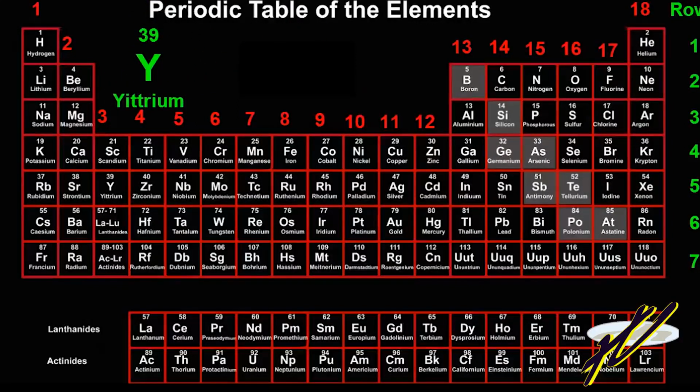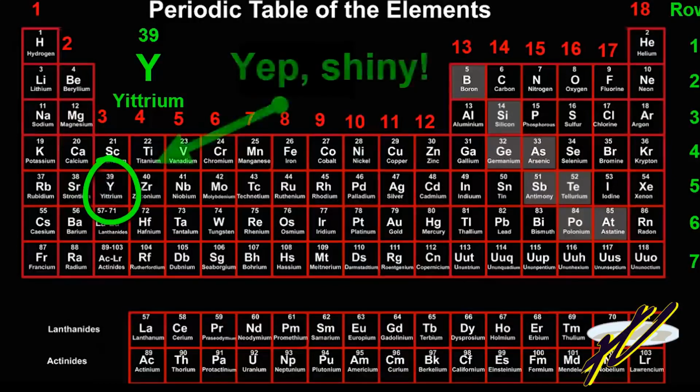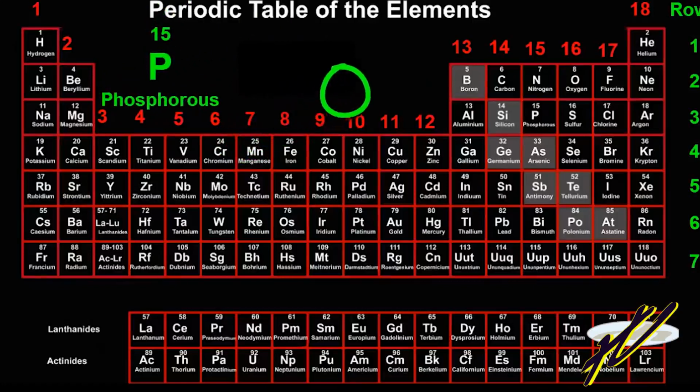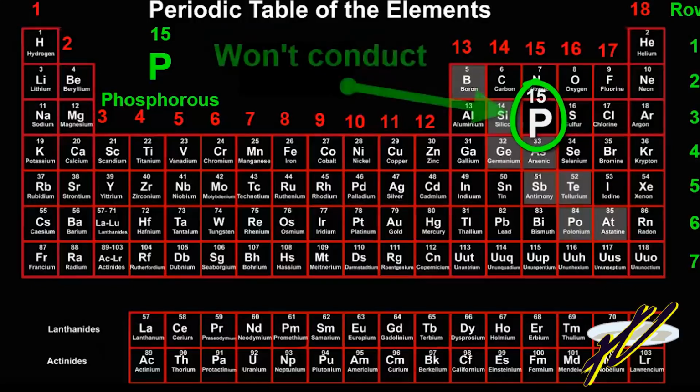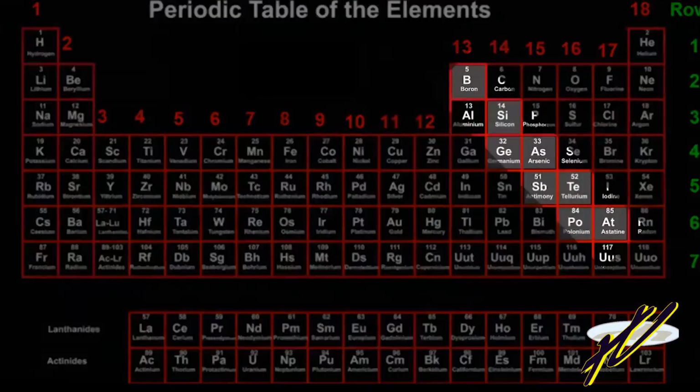Do you reckon yttrium, atomic number 39, would be shiny? It's to the left of the diagonal line, so it's a metal. So it's probably shiny. Would phosphorus, atomic number 15, conduct electricity? It's to the right of the diagonal, so it's a nonmetal. Probably not.